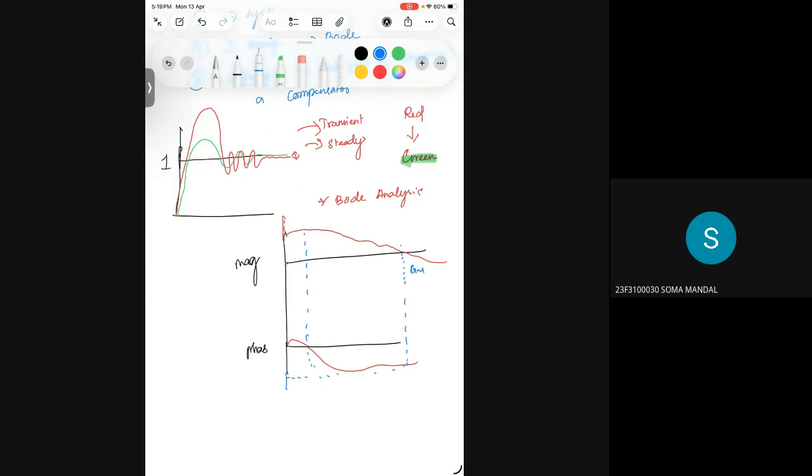So I am analyzing the Bode plot of green also. It is like this. If I analyze the Bode plot for both red and green, I understand this is the issue between the red and green. So I want to bring my Bode magnitude plot from here to here somehow.